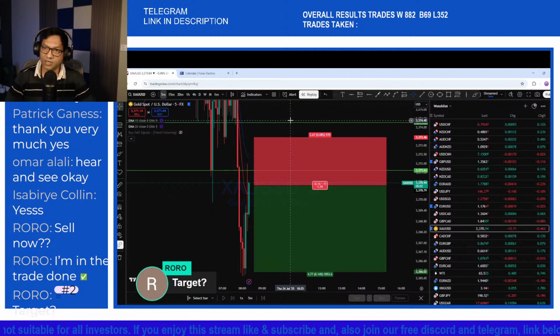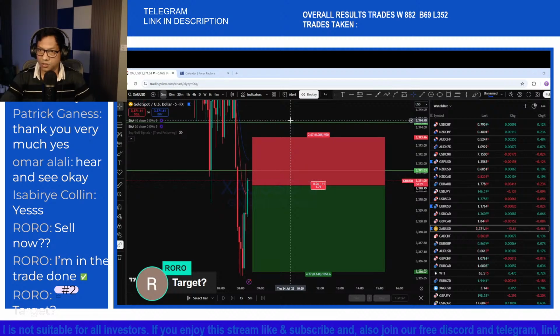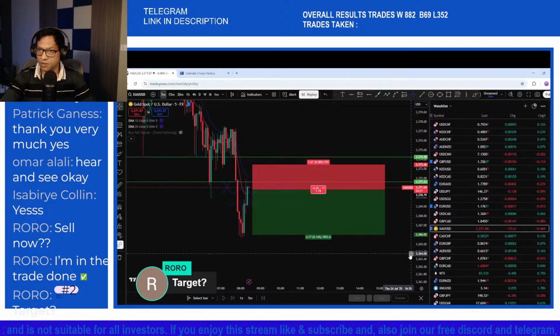So the next 5 minute candle has closed with another narrow doji.